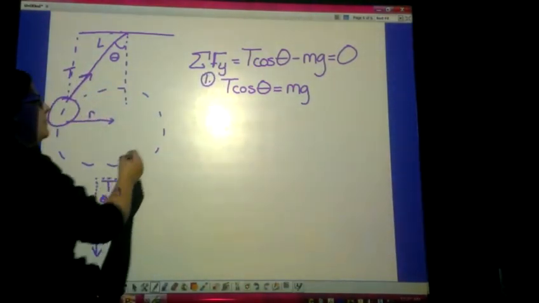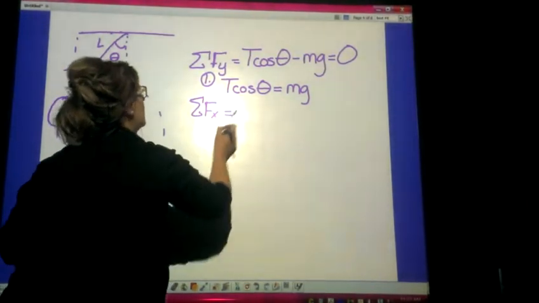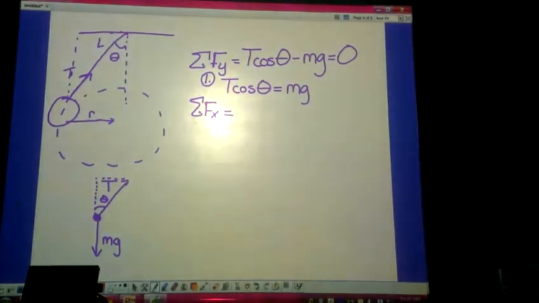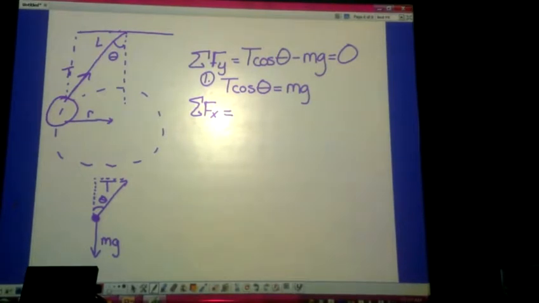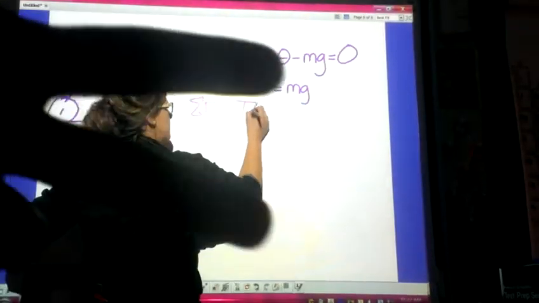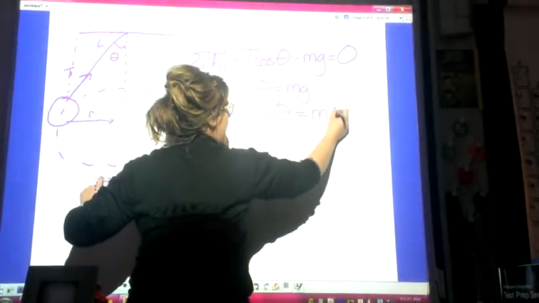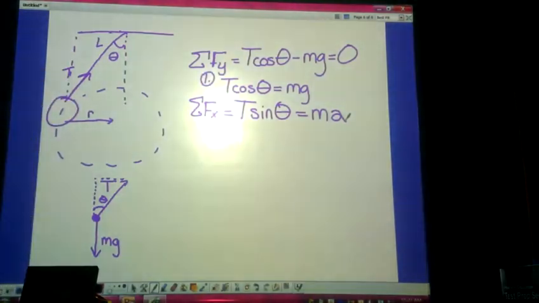I want to do the same thing, but for the sum of the forces in the x. In the x direction, I only have one force that's causing that acceleration, and that would be T sine theta. And that equals mass times the acceleration.